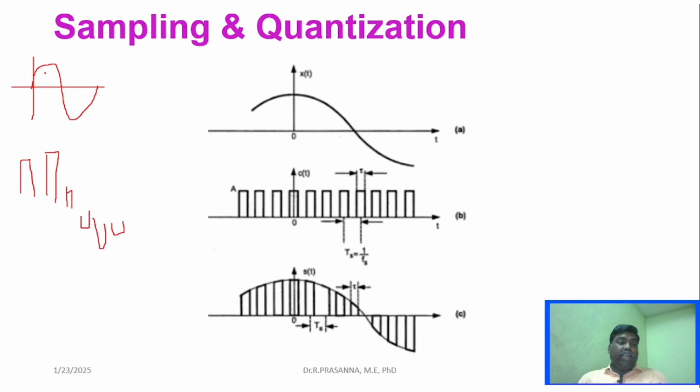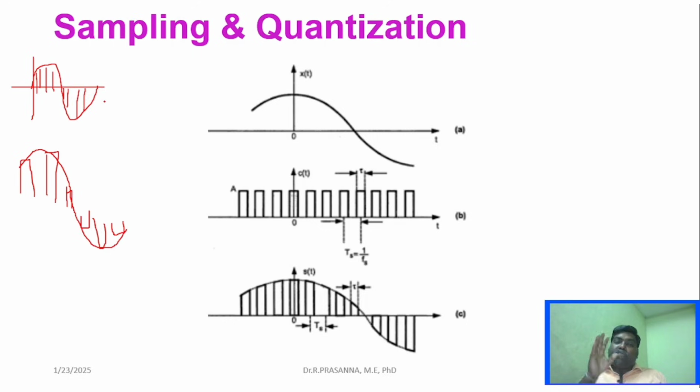You can see here, if this is a continuous signal, we can chop this signal. If you chop the signal, it will be like this. So if you combine the samples, you will obtain the original signal back.